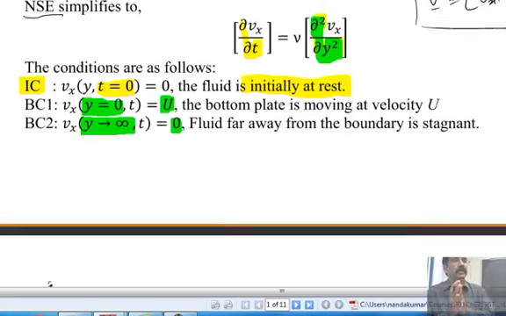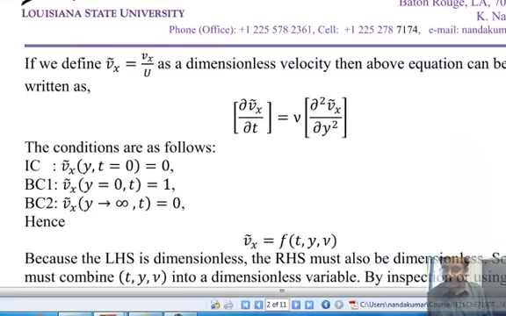And we did put this equation in a dimensionless form by defining a dimensionless velocity profile. Okay? So u is a natural velocity scale in the problem. It's a given number. So if you take all the velocities in the problem and scale them with u, we will have a dimensionless velocity v tilde, which is going to go between 0 and 1. Okay? And so the dimensionless form of the equation becomes the partial of v with respect to t equals nu times the second derivative of vx with respect to y.